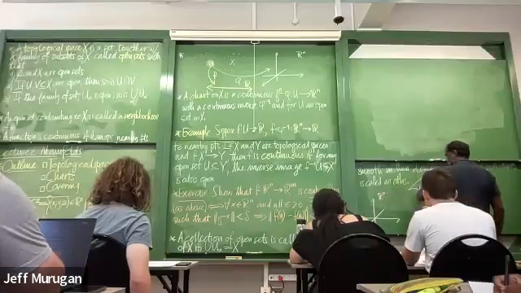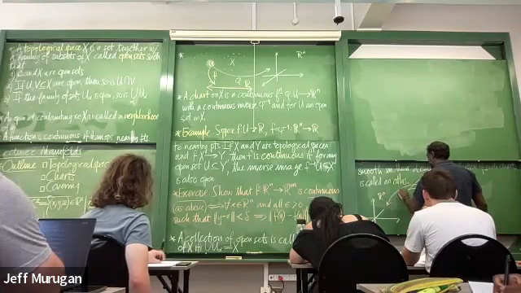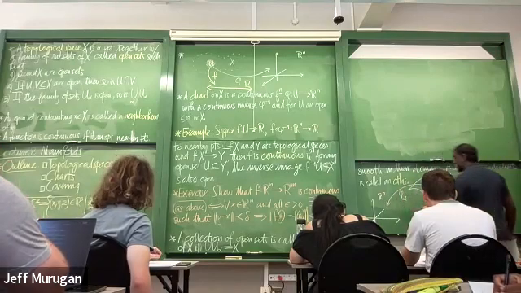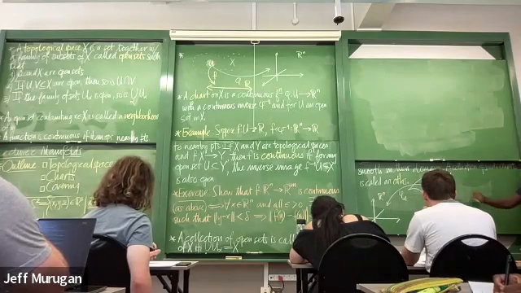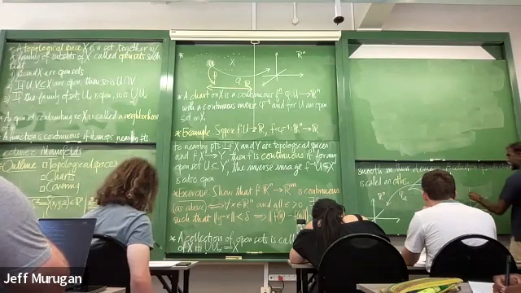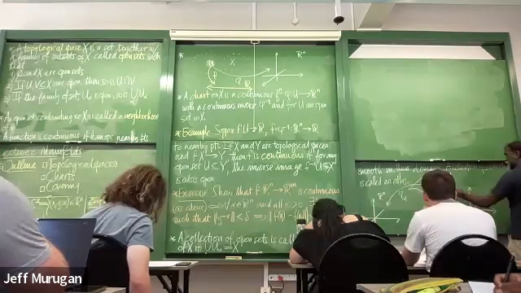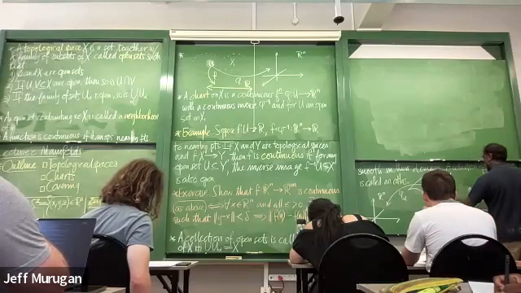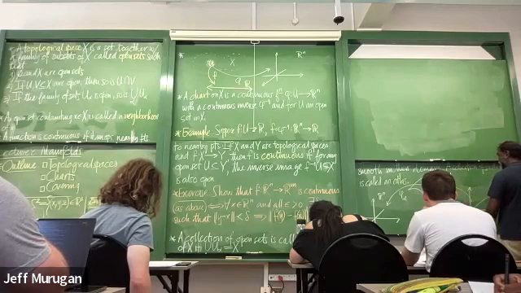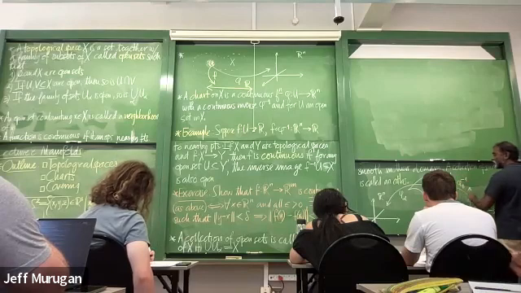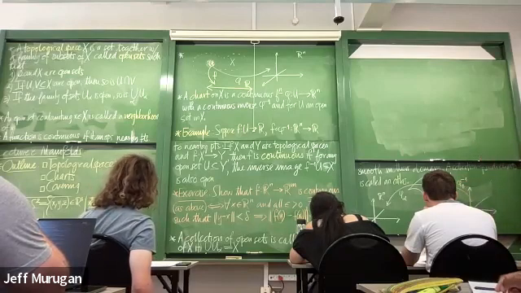I've got some map, its chart, say phi alpha to R^n, and I've got another, phi beta, with inverse phi beta inverse, like so.